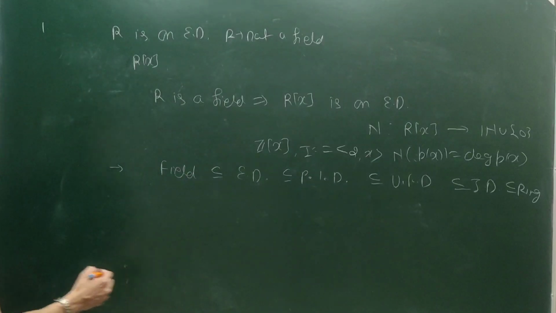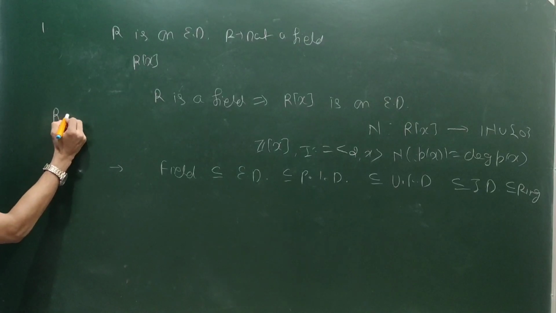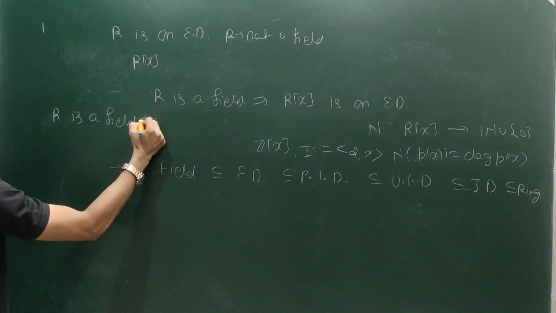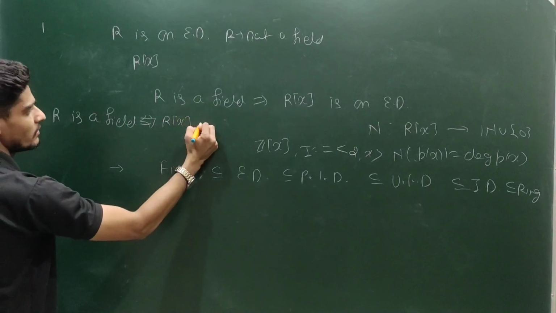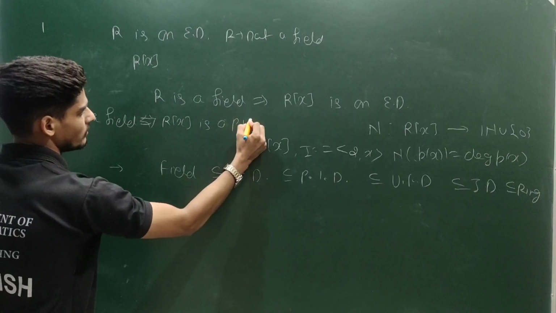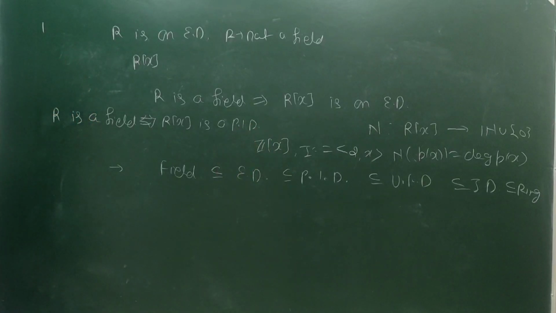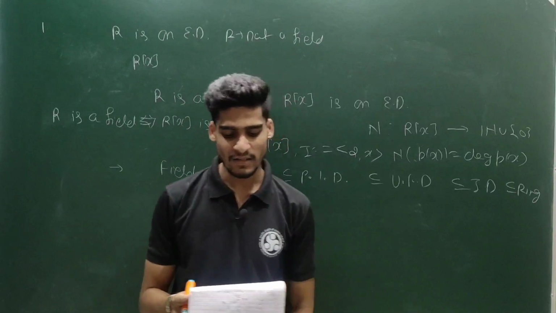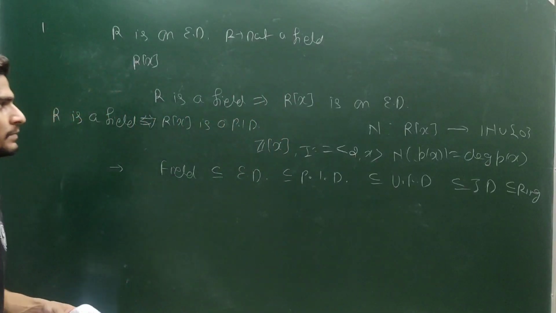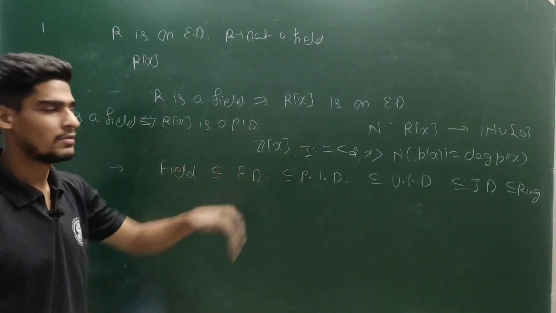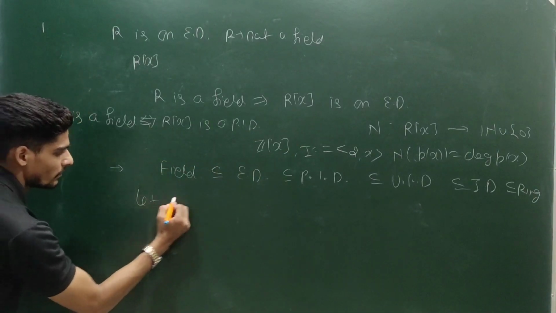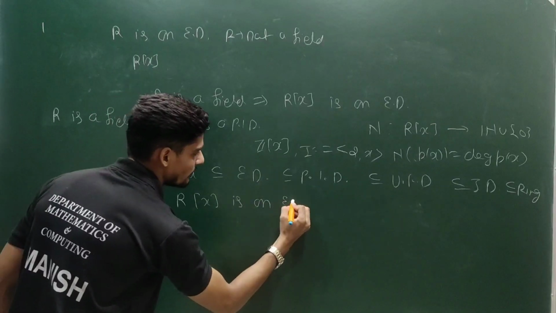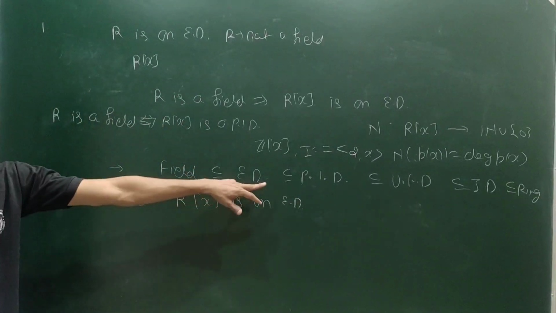And one more thing we know, that R is a field if and only if R[x] is a PID. So we can make use of this. Option A: R[x] is always a Euclidean domain. Can I say this is a Euclidean domain? Suppose R[x] is a Euclidean domain, but I know that every Euclidean domain is a PID.